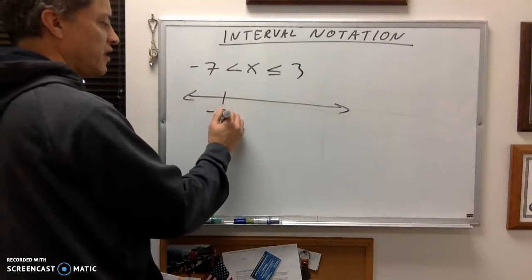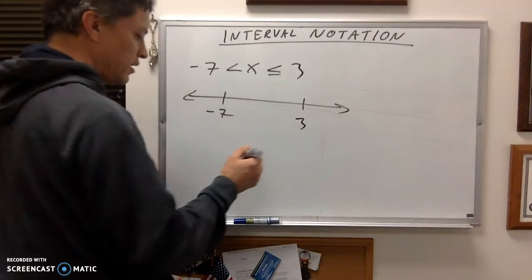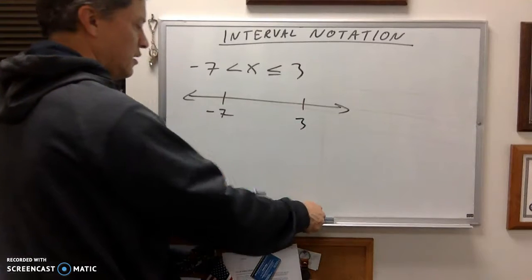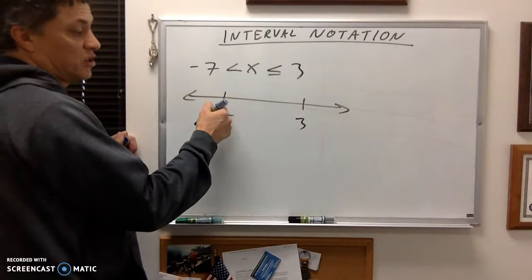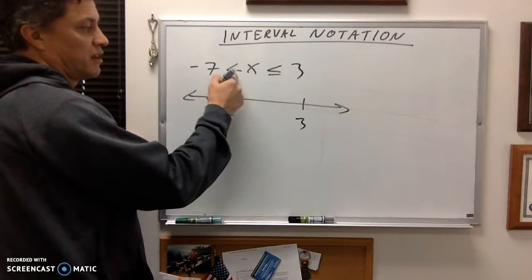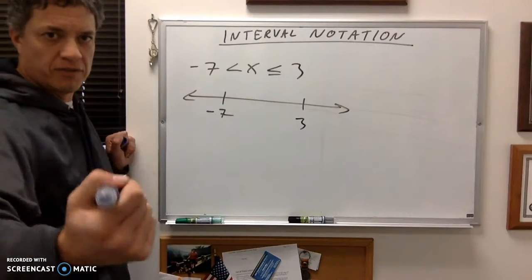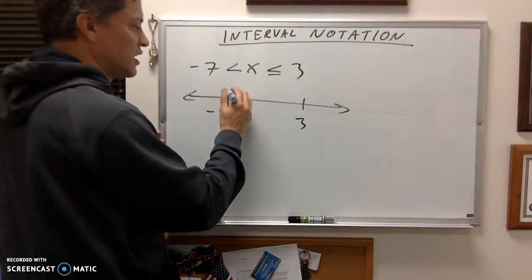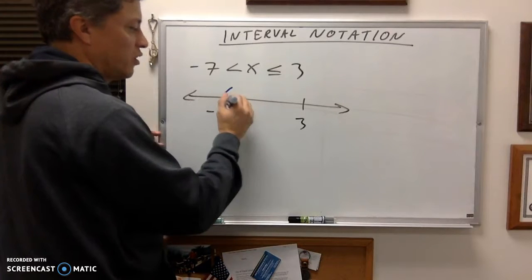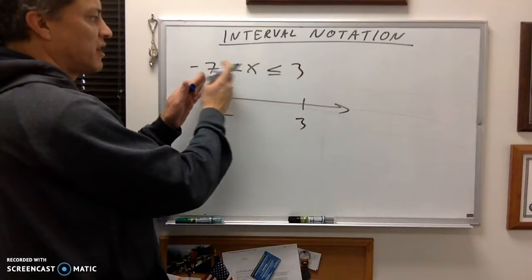We've got -7 here, and somewhere over here we've got the 3, right? So would we have a parentheses or a bracket on the -7? Hopefully you figured out it's a parentheses. And you'd be right. And it's going to open to the right because we're talking about x values that are actually bigger than the -7.